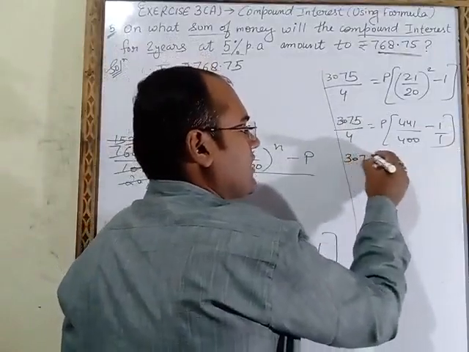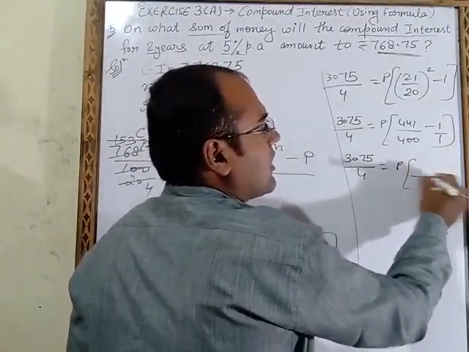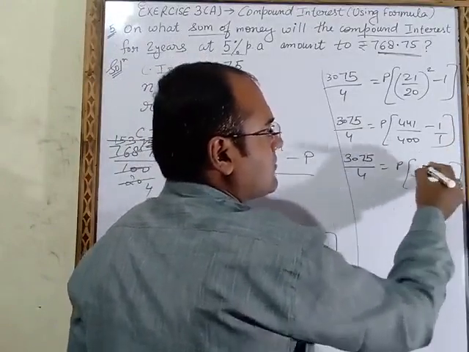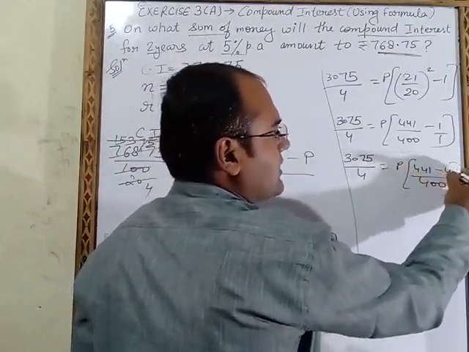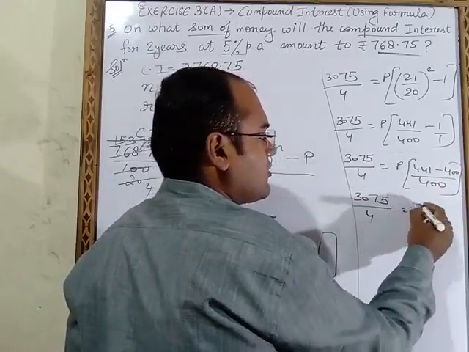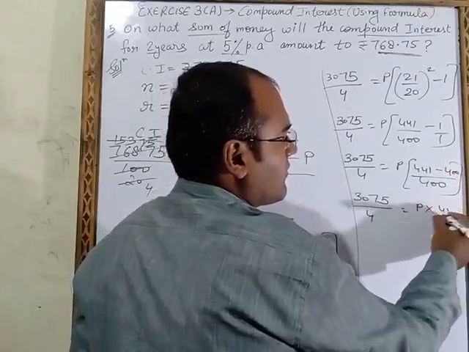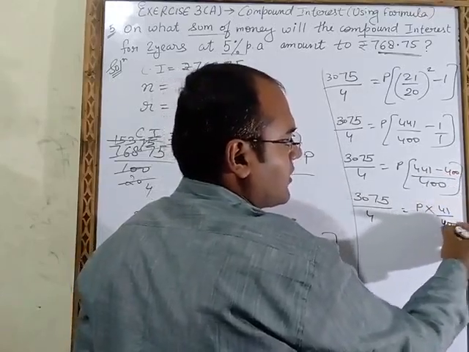So 3075 upon 4 is equal to P bracket, after taking LCM, here it will be 441 minus 400. So 3075 upon 4 is equal to P into, on subtracting these two, 41 upon 400.